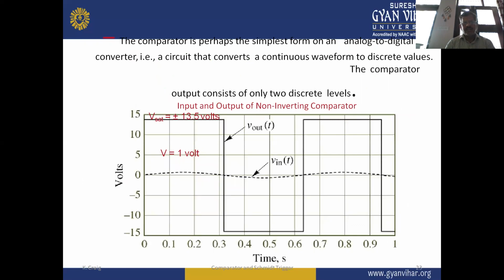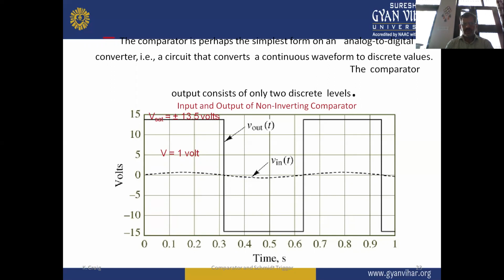The comparator is perhaps the simplest form of analog-to-digital converter, for example, a circuit that converts a continuous waveform to a discrete value. The comparator output consists of only two discrete levels, 0 and 1, or low and high.